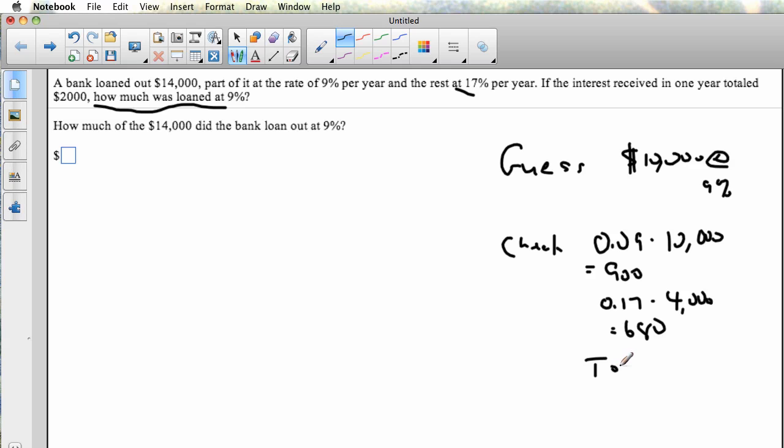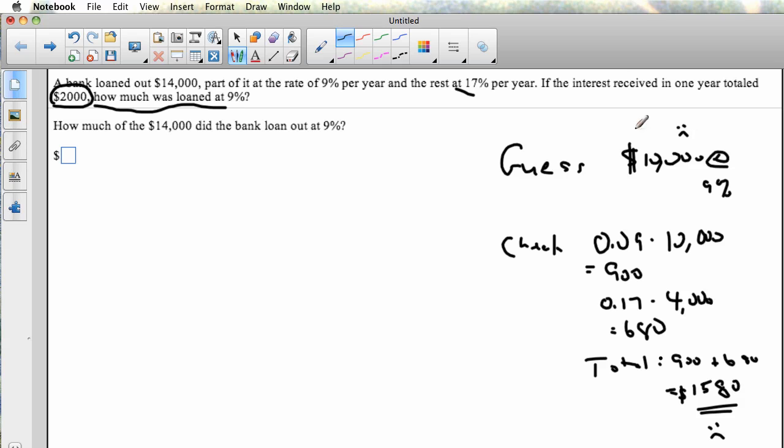And so the total amount of interest that I'm getting is 900 plus 680, which is $1,580. Now the goal, remember, is that $2,000 was supposed to be received in interest. So this value is not 2,000, and therefore the original guess is wrong.